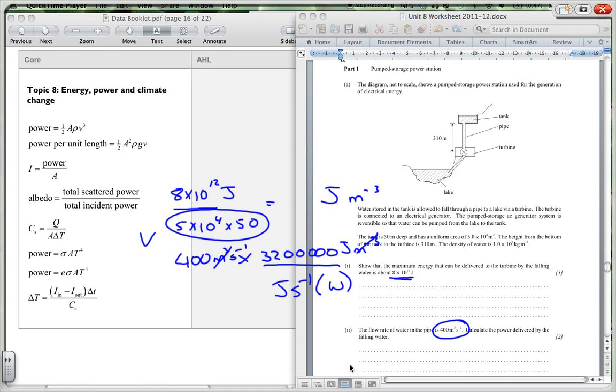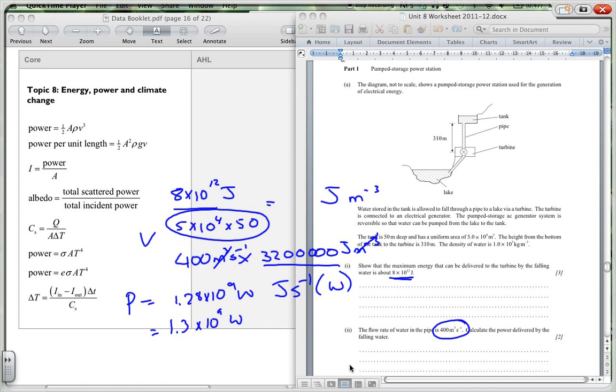So I multiply that by 400, and I get 1.28 times 10 to the 9 watts will be my power output, and I'll write that as about 1.3 times 10 to the 9 watts will be my final value that we get out there.